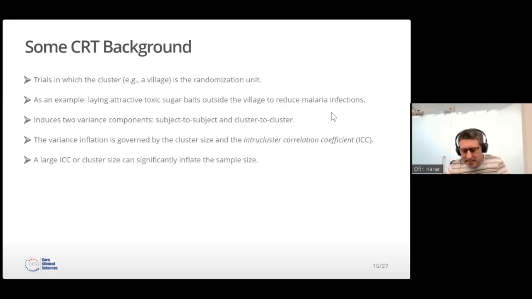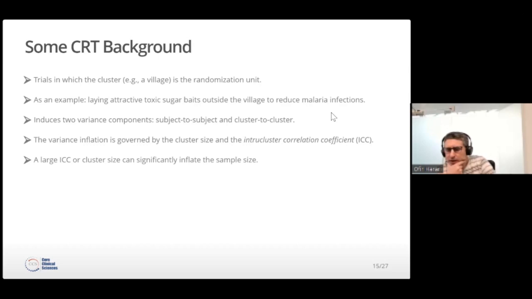So the basic event rate also changes, not just at the individual level, but also at the cluster level, right? And the challenge of these trials is to disentangle the cluster to cluster variability from the subject to subject variability.